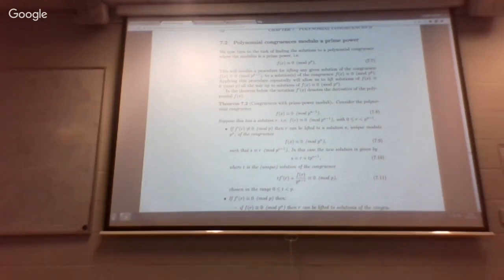We're going to solve each of these congruences for i equals 1 up to r, separately, not as simultaneous congruences or anything. These are a bunch of separate problems, r separate problems, one problem for each value of i.